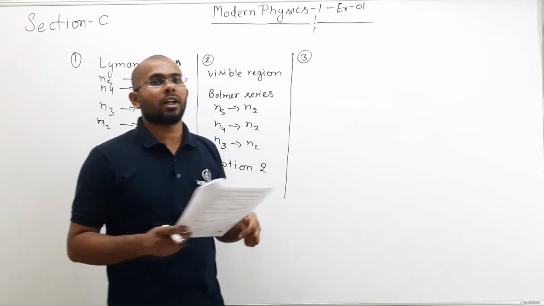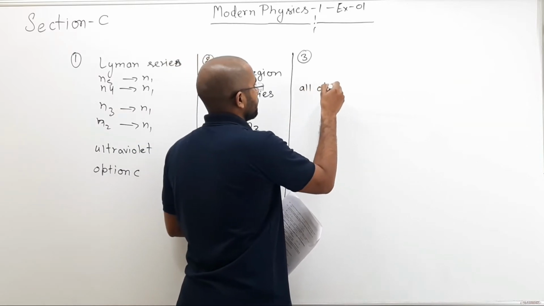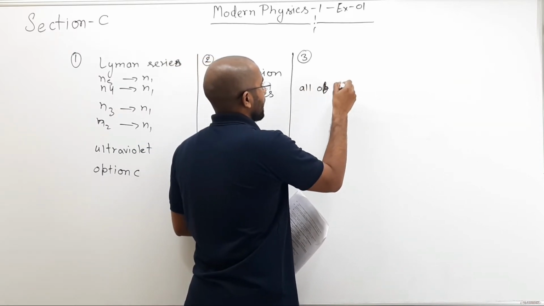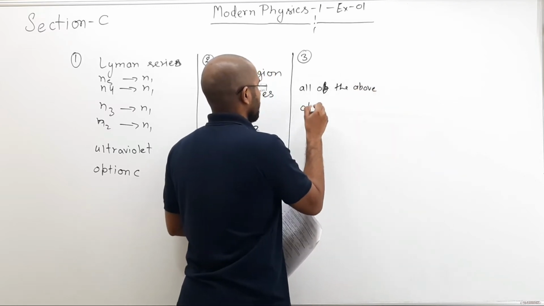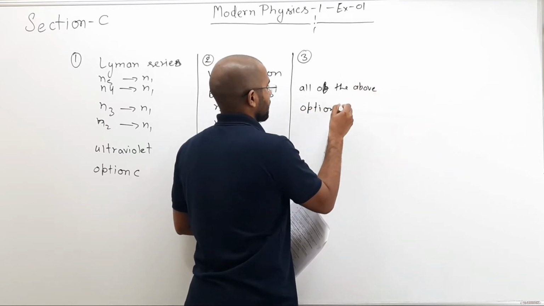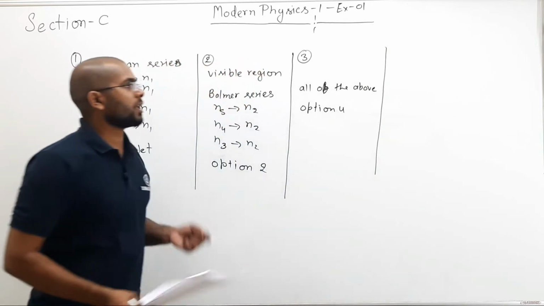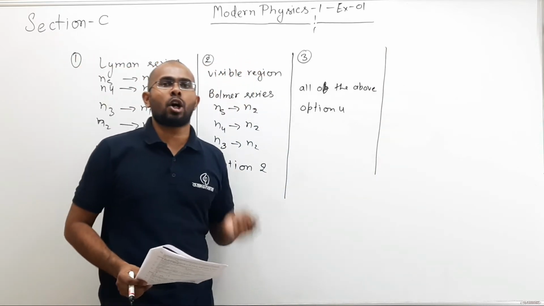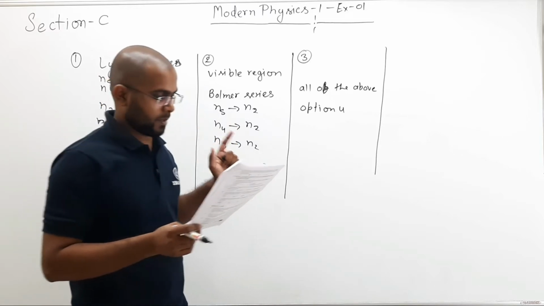So fourth option, all of the above, option 4 is your correct choice, because option 1, 2, 3, all those three conclusions can be drawn from Rutherford's alpha particle scattering experiment.